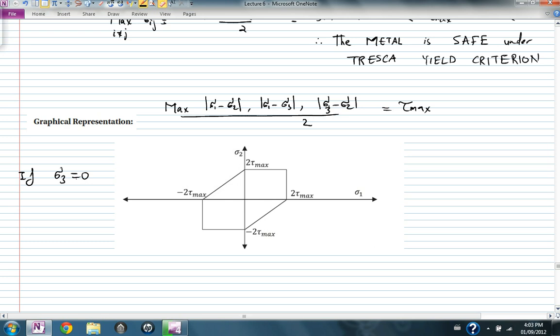When sigma 3 is 0, I can draw a line or a graph that tells me at which point the material will fail. Inside this graph, the material is safe.